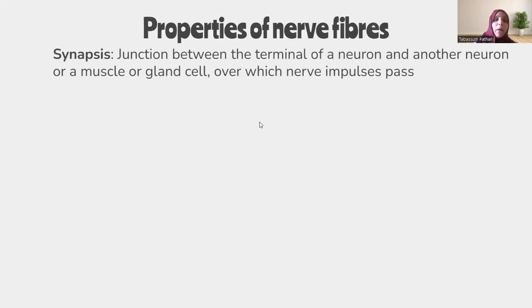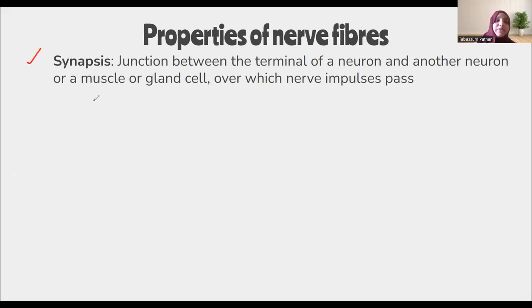Before understanding the properties, we will just go through the synapses again. We will revise. What is a synapse? You have neuron 1 and then you have neuron 2. The axon terminal of neuron 1 and the dendron, the beginning of the another neuron. This is 1, this is 2. So the space between the terminal of a neuron and another neuron or a muscle or a gland.